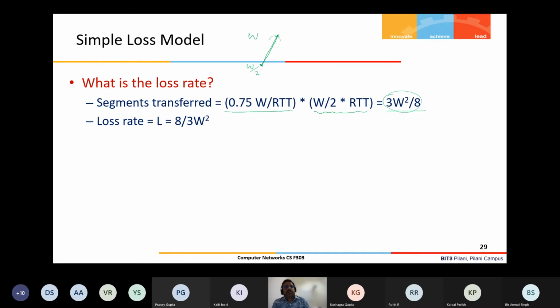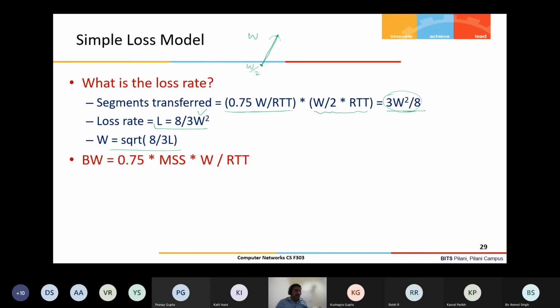So after every 3W square by 8 segments transferred, one packet is lost. So what is my loss rate? It is just the inverse of this: L equals 8 by 3W square. So in terms of the loss rate, W equals square root of 8 by 3L, correct?